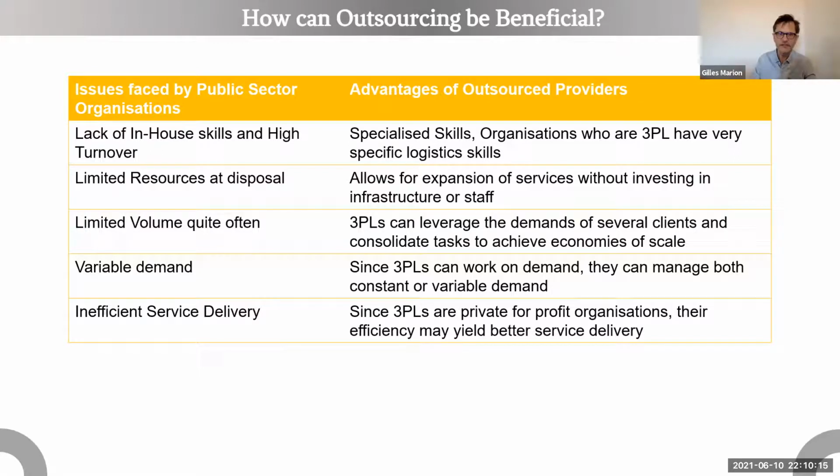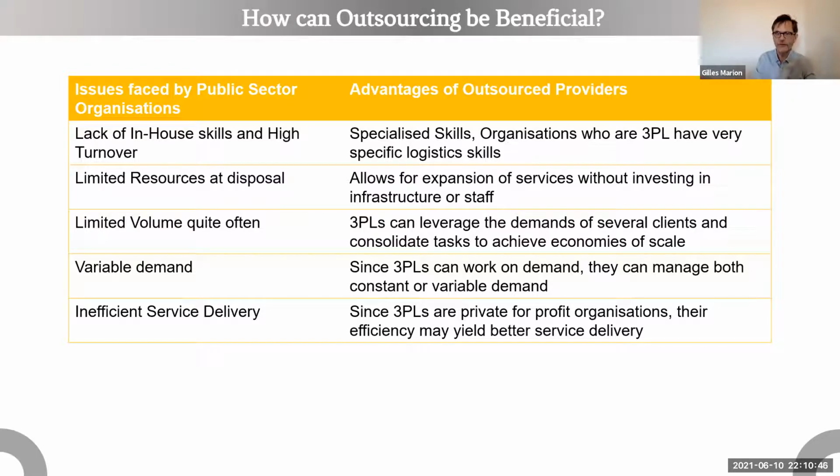And then finally, the last point is inefficient service delivery. Yes, again, a third-party logistics must have good infrastructure. They are serving various clients. They have a large portfolio of activities. So normally they are able to provide services that you may not provide. One example is going to the last mile, the famous last mile.